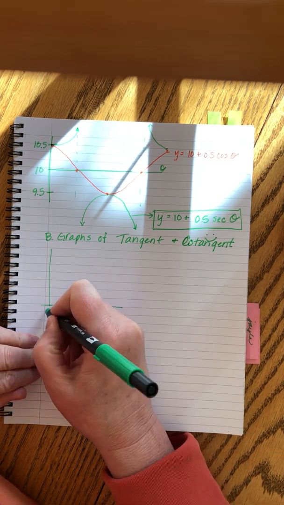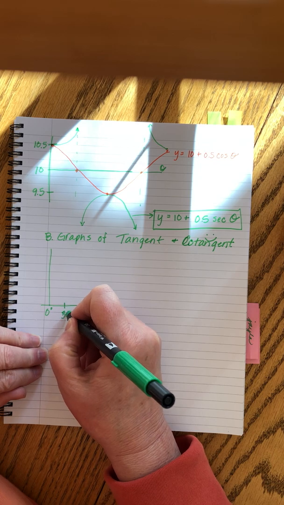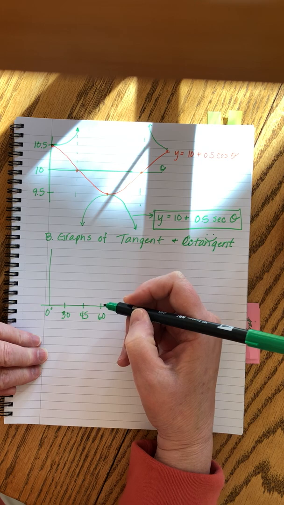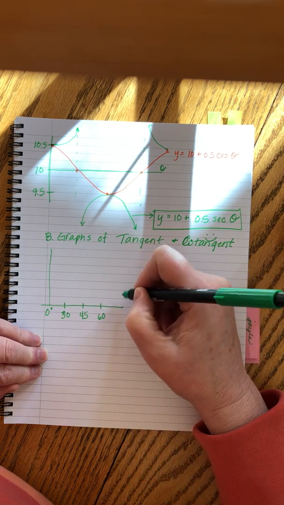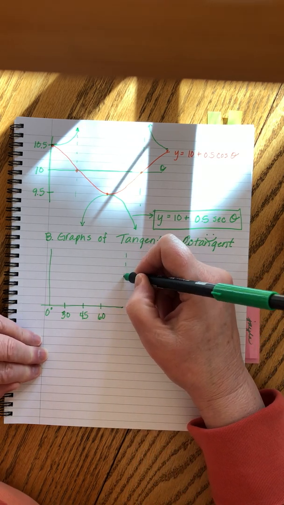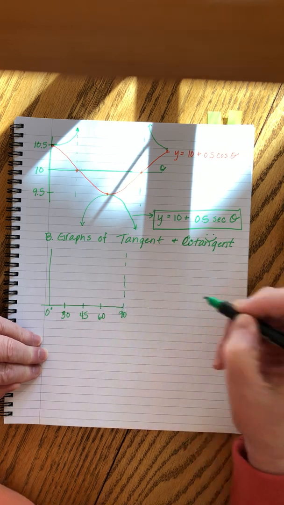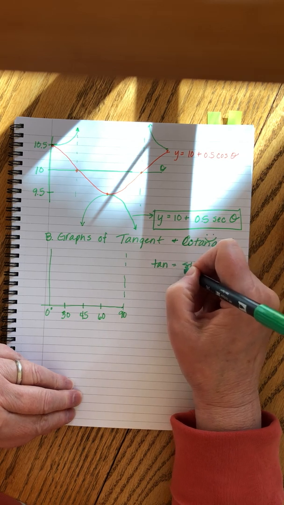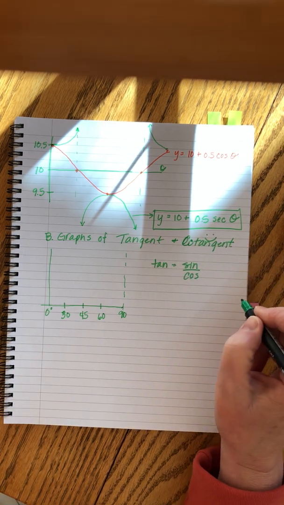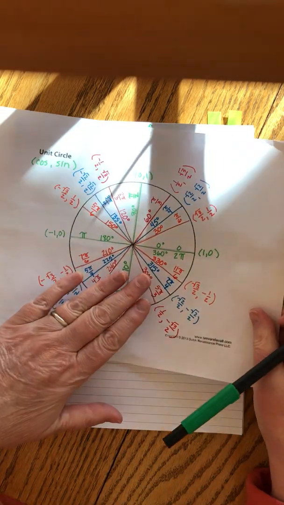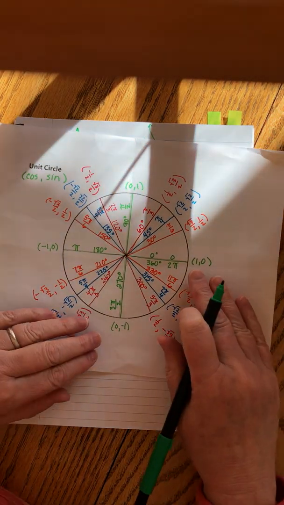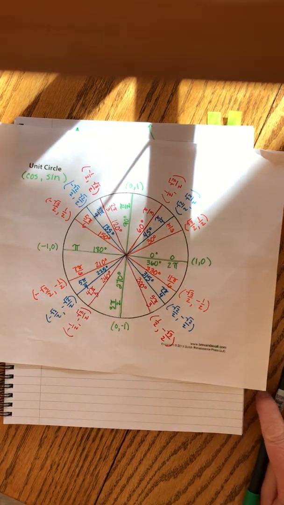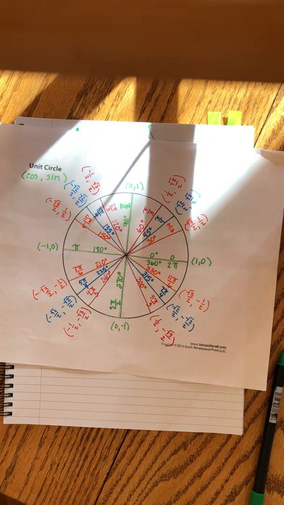We've got 0 degrees here, and then we've got 30, 45, 60, and this will be 90. This is like the first quadrant, right? Now we know that tangent equals sine over cosine. So if we have our unit circle, here's mine, and we have all of our cosine and sine values right here, we can very easily calculate our tangent values.